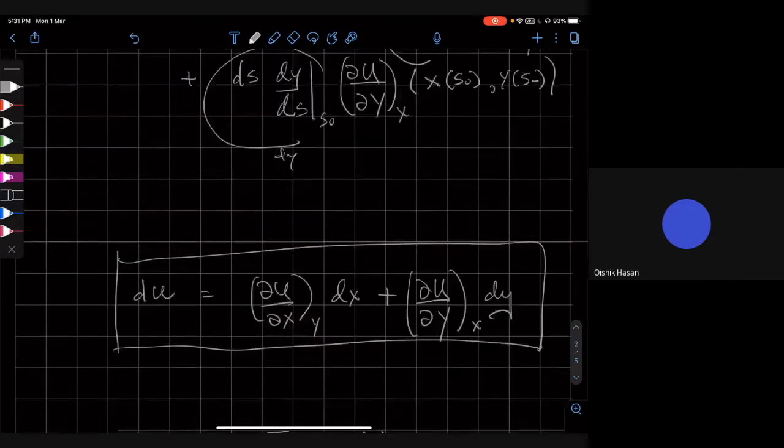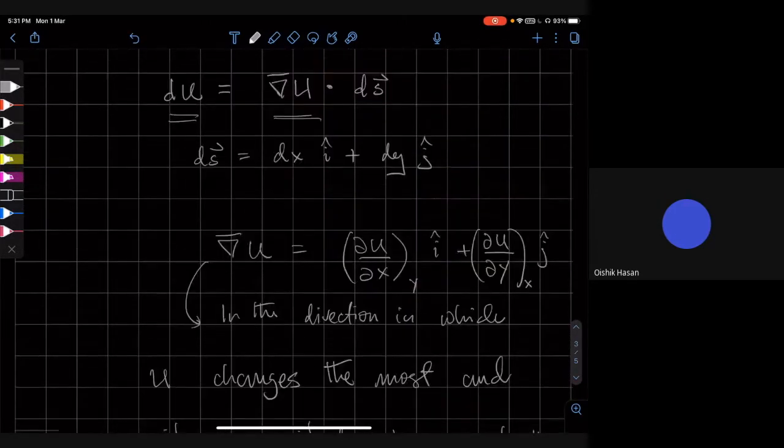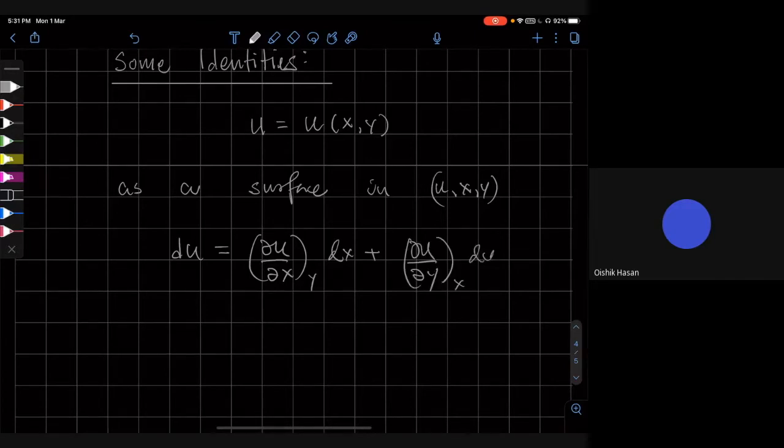So for example, if I go here, we can think of this red function as a surface in a three-dimensional space with x, y, and u, right? So just as from here, we wrote du as (du/dx) at constant y dx plus (du/dy) at constant x dy.